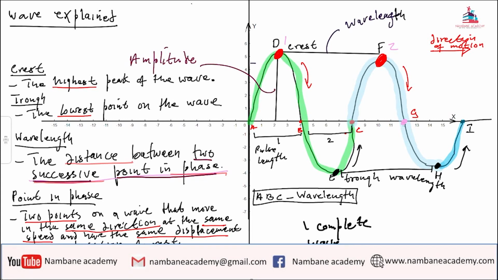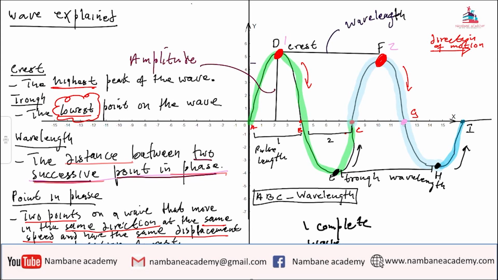Ladies and gentlemen, for the purpose of calculations, we are going to need to identify the period, we are going to need to identify the wavelength, we are basically just going to need to identify most of the things here. We explained the crest as the highest peak of the wave, and the trough now as the lowest point on the wave.